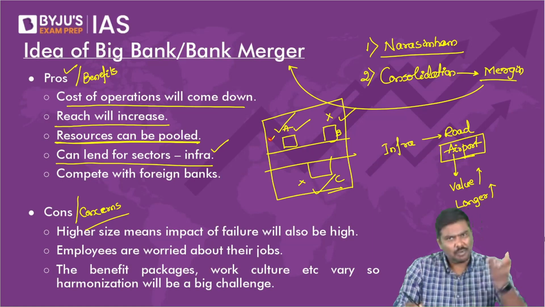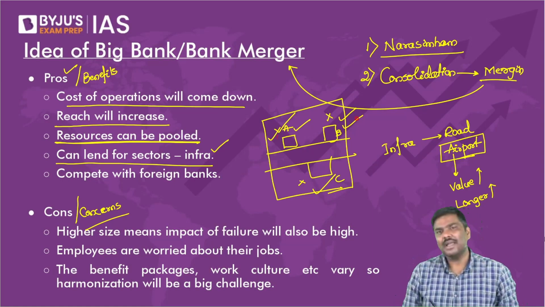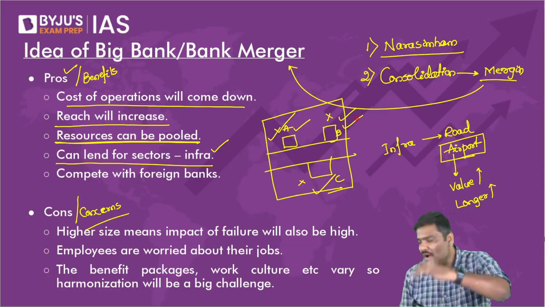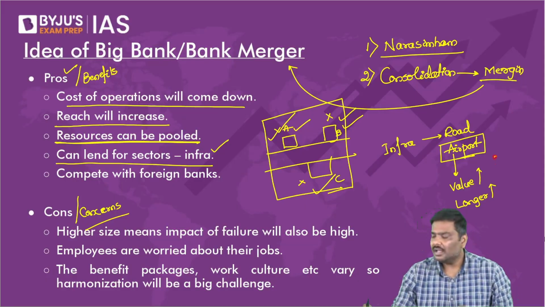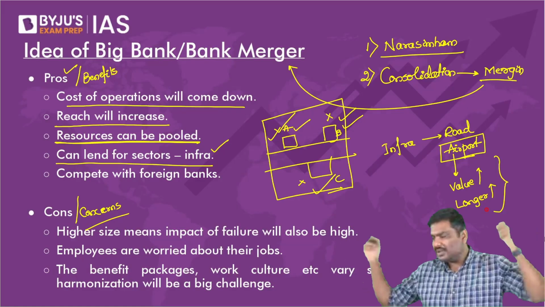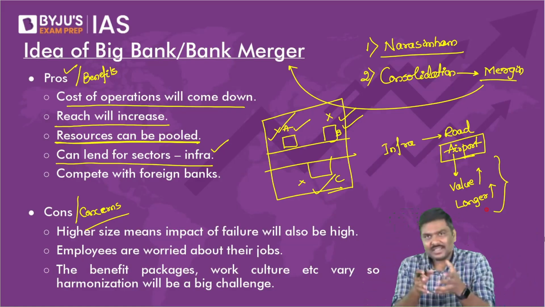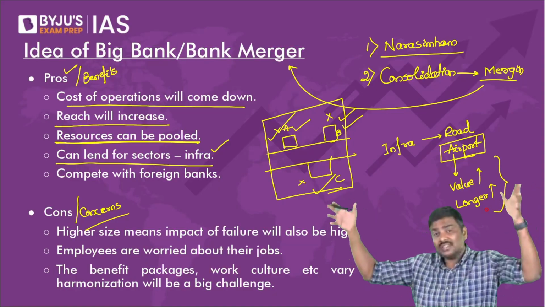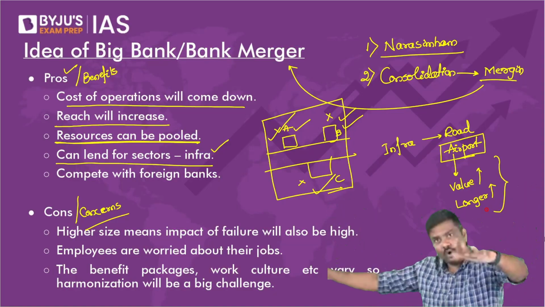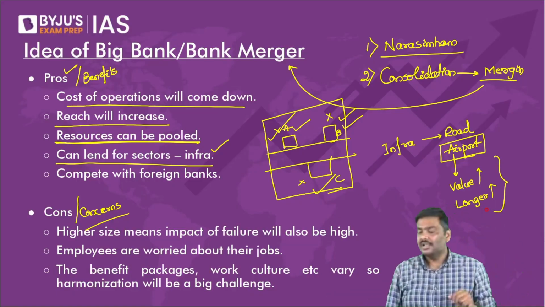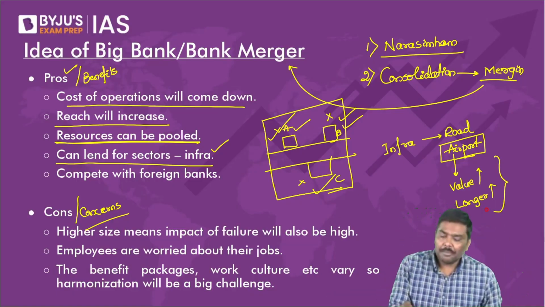But the problem is, imagine there is a very small bank. A is a small bank. B is also a small bank. Now, do you think these kind of smaller banks can provide big loans for a longer duration? Think of it. Do you think these smaller banks can provide big loans, larger value loans for a longer duration? No, they do not have that capacity.